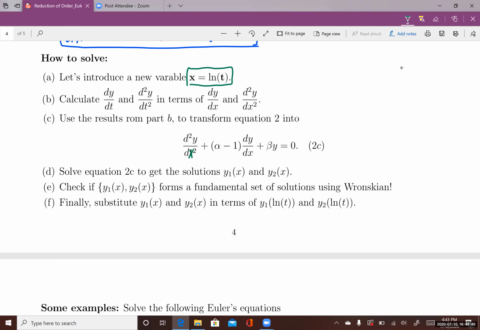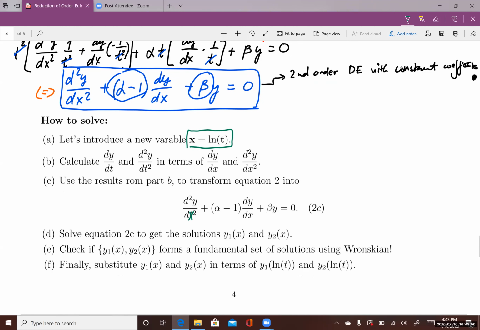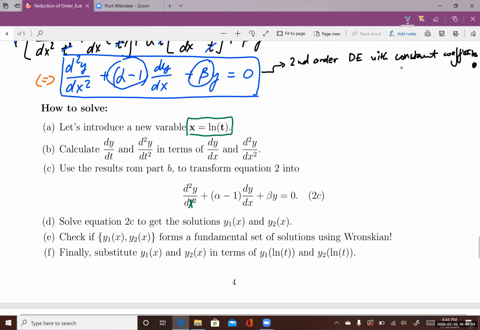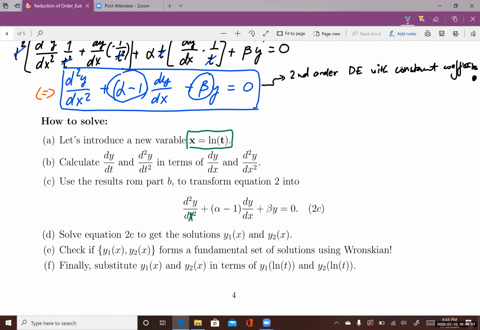So you will have a differential equation with dy dx instead of dy dt, and so on. You come up with this new equation once you identify alpha and beta.